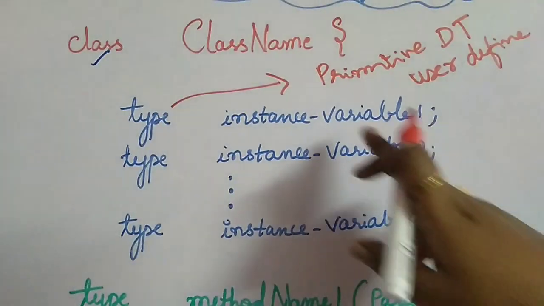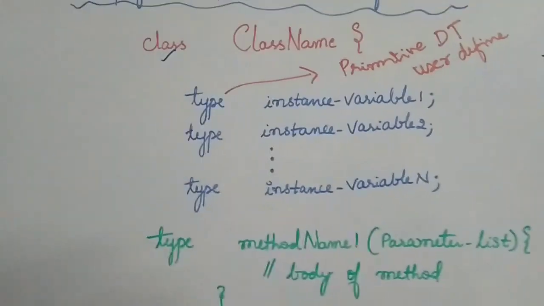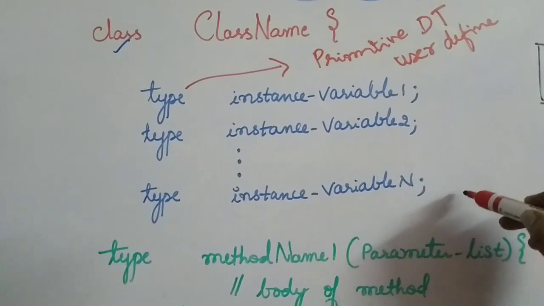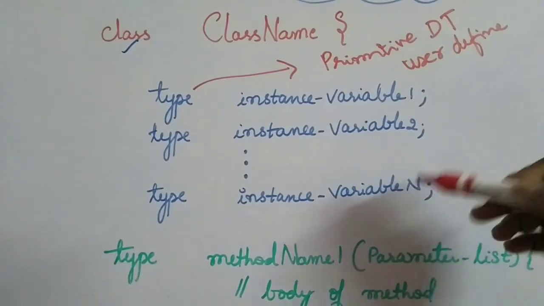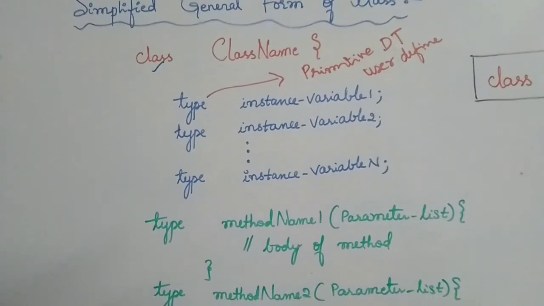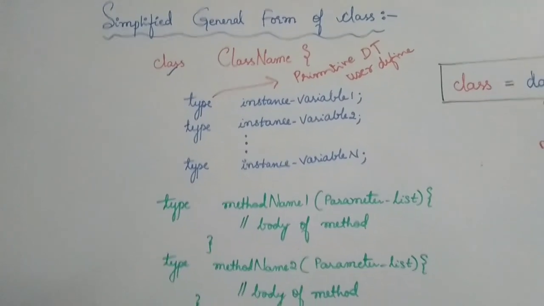Coming to the instance variable, it is the name of the variable. There can be any number of variables, that's the reason why I said 1, 2, 3 and up to n. There is no restriction on the count of the variables. Whatever you require to be declared in the class, you will be taking them.